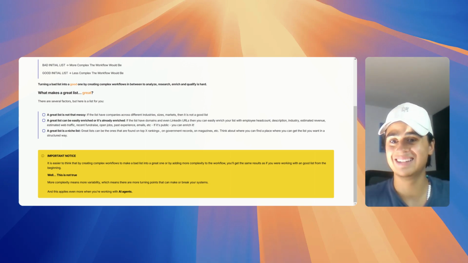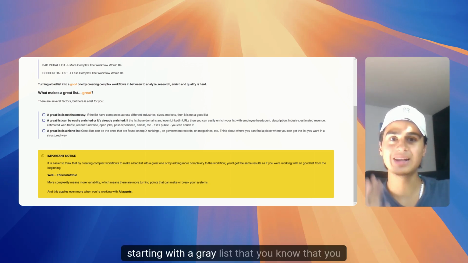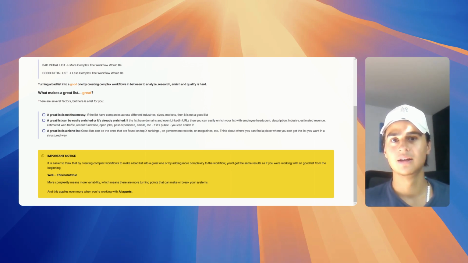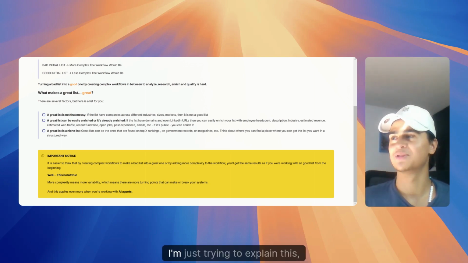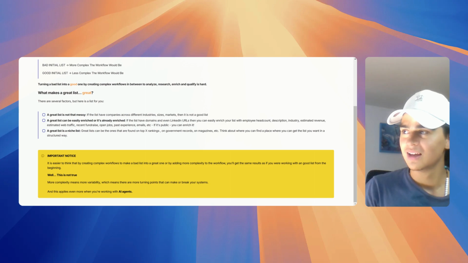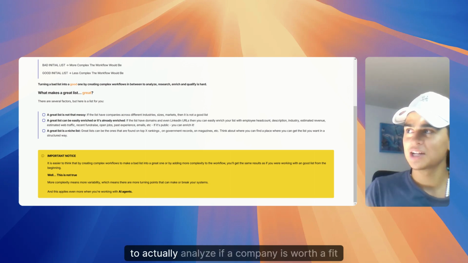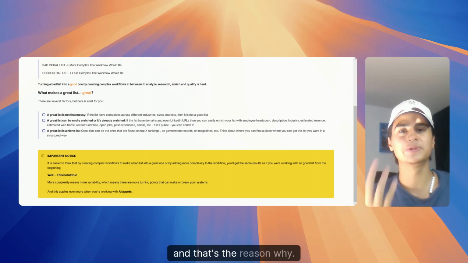And one of the easiest ways to do that, or probably the best way to do this, is, as I just said before, starting with a great list where you know that you only need to do X, Y, and Z to help an account, or even better, and I'm just trying to explain this to you in the simplest terms, to actually analyze if a company is worth a fit for you. Okay, and that's the reason why.